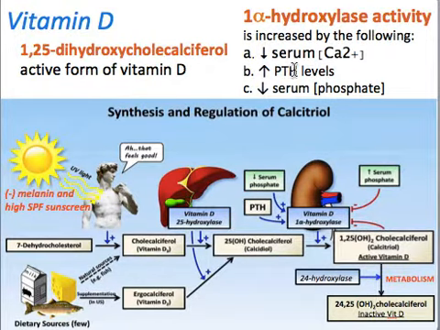Your PTH levels also activate your 1-alpha hydroxylase activity, as does low serum phosphate, in order to be able to reabsorb phosphate. Your activated vitamin D is metabolized by your 24 hydroxylase to become your inactive vitamin D, your 24,25 dihydroxycholecalciferol.